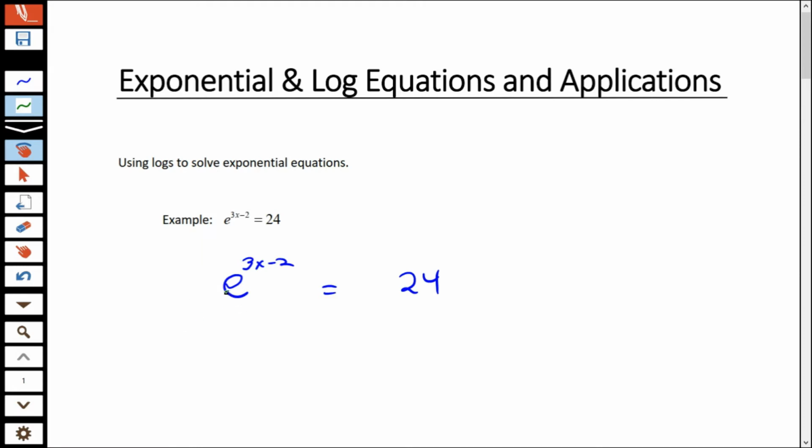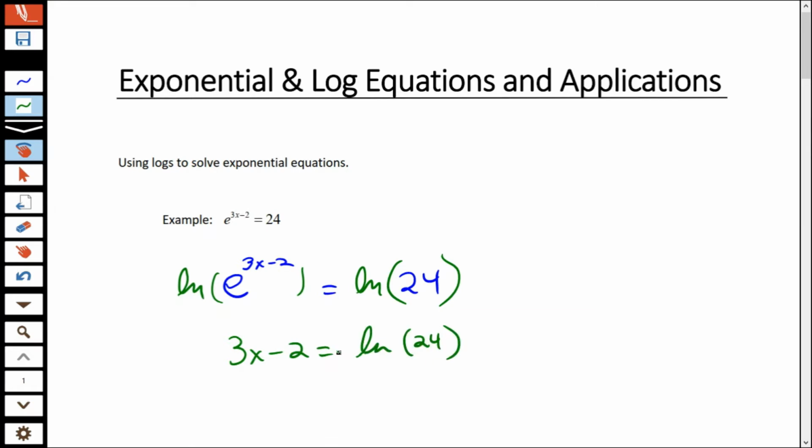So if e to the x, its inverse is natural log, we can natural log both sides of this equation. And of course, the natural log and the e cancel each other out, bringing down that exponent to get 3x minus 2 is equal to natural log of 24.